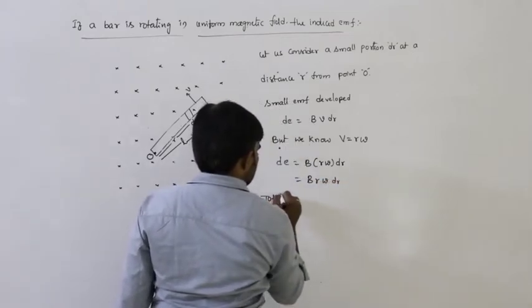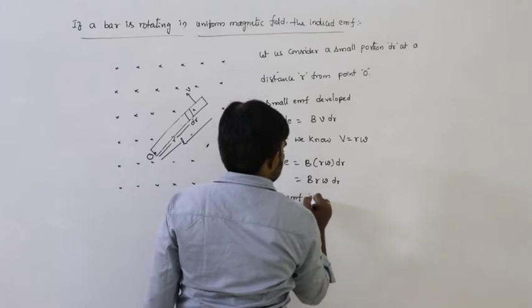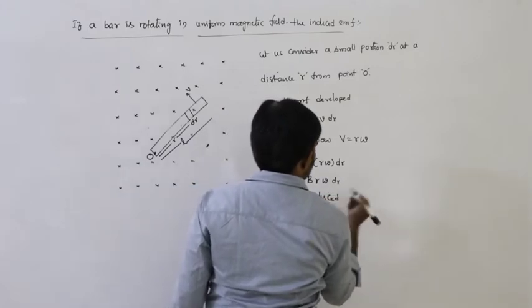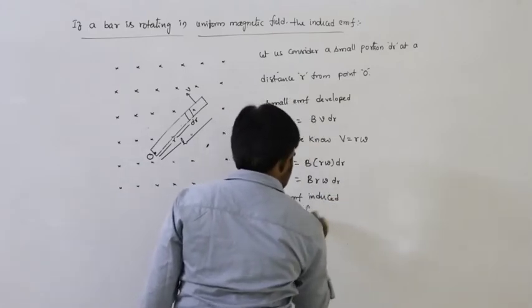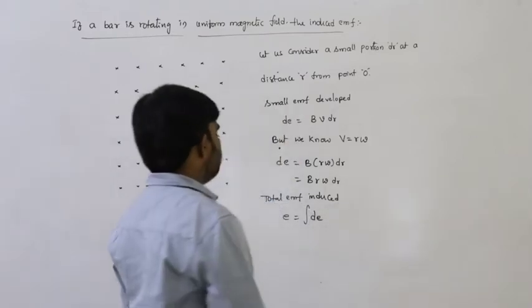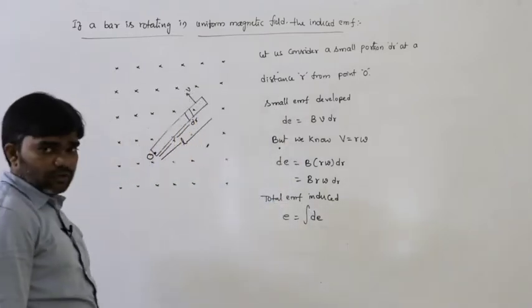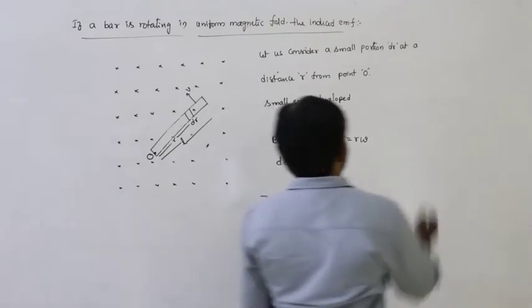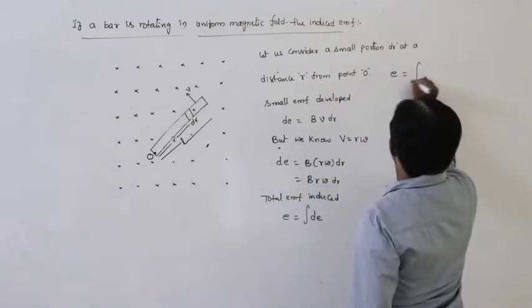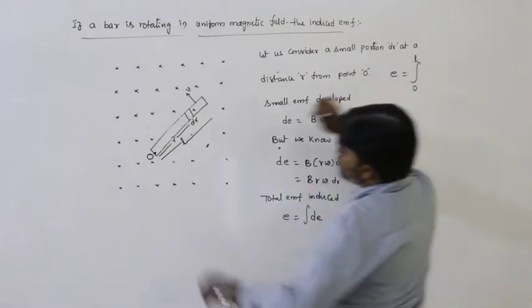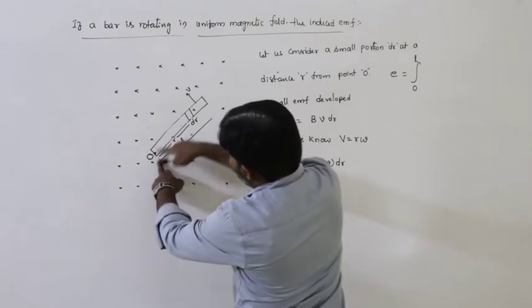So what is the total EMF induced? E equals the integral of dE, from 0 to L, since the length of the conductor varies from O to this position.